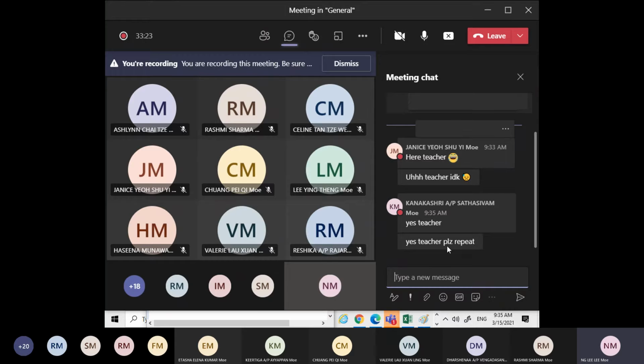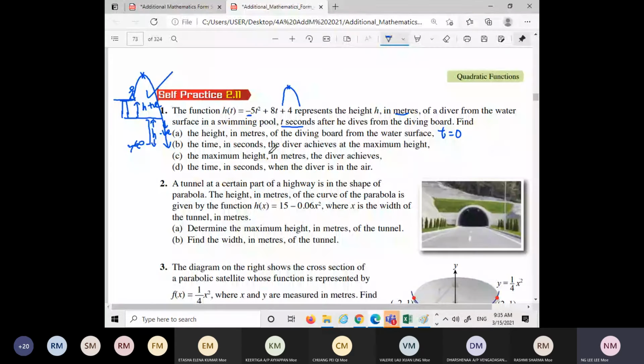Okay, so we come back to B, look at B. My question is, what formula should you use? This one given is in general form. For question B, you need to find the maximum height. You need to find, what is the T when the maximum height happens?